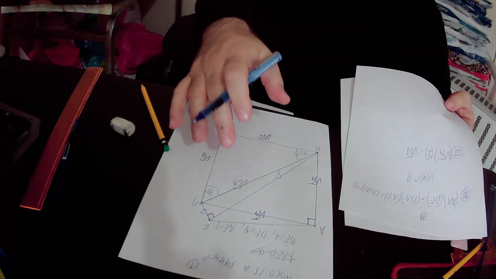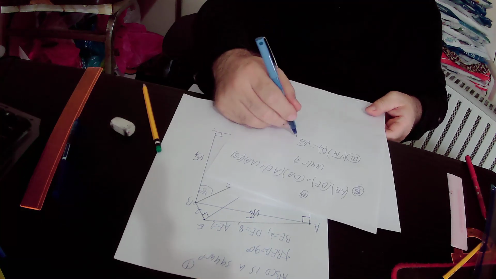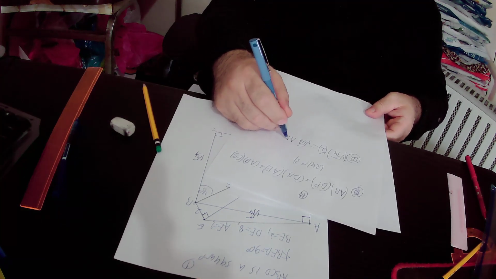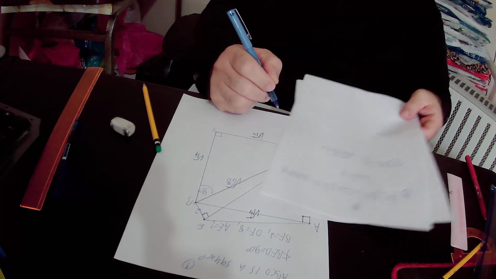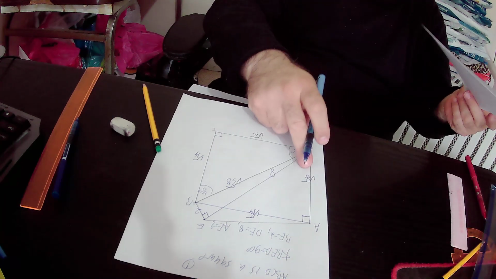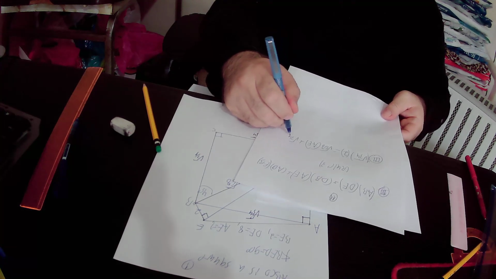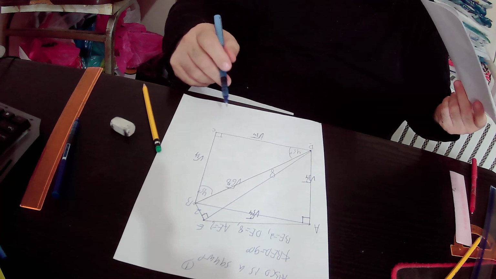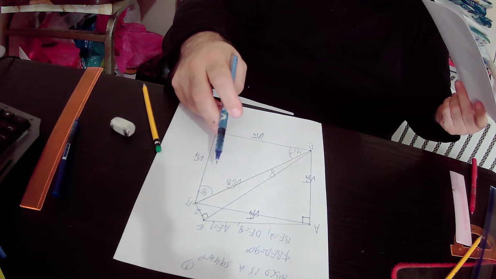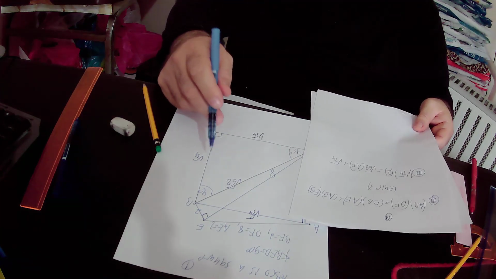AE is the missing variable that we are looking for, so we leave it as it is, plus AD. AD equals square root of 34 times EB. EB equals 2.